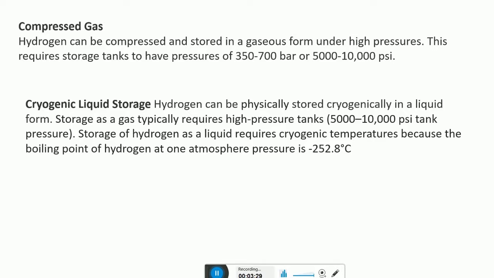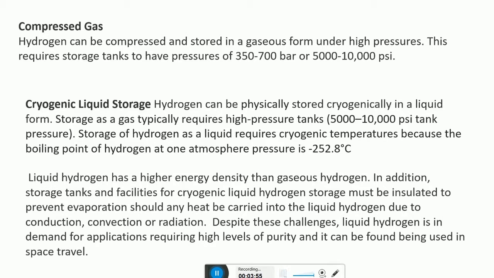Then cryogenic liquid storage. Hydrogen can be physically stored cryogenically in a liquid form. Storage as a gas typically requires high pressure tanks. Storage of hydrogen as a liquid requires cryogenic temperatures because the boiling point of hydrogen at 1 atmospheric pressure is minus 252.8 degrees Celsius. Liquid hydrogen has a higher density than gaseous hydrogen.